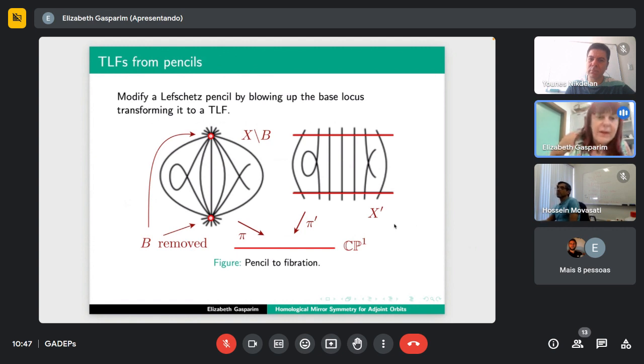However, if you want to do symplectic geometry and you blow up points on this pencil, then on the red lines, which will be the exceptional loci here and here, the symplectic form will be degenerate. And it will be degenerate in the entire directions here, so that won't be a symplectic form anymore.